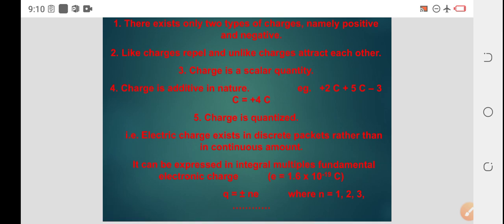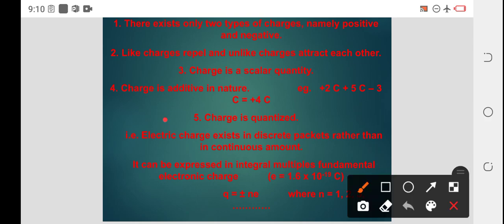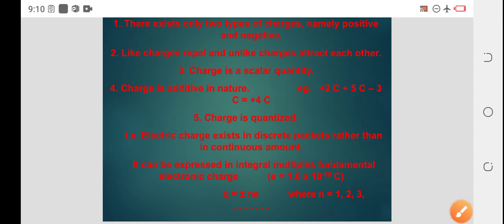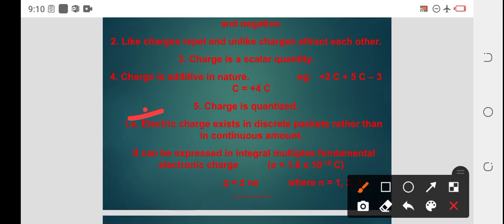Second, like charges repel and unlike charges attract each other. That means like charges, Q1 and Q1, will repel, while Q1 and Q2 will attract. From point 1 we can say this is the positive charge and this is the negative charge.